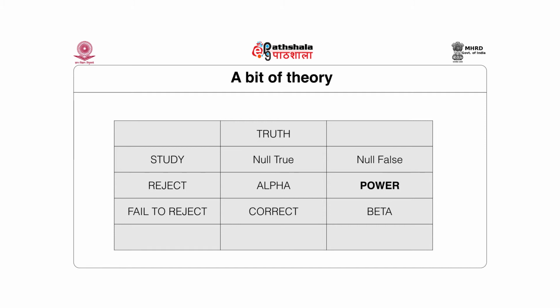So you could say that I cannot reject the null. However, in reality, you should have rejected the null because the null was not correct. So then you have made a mistake.